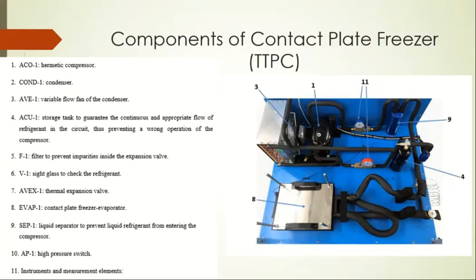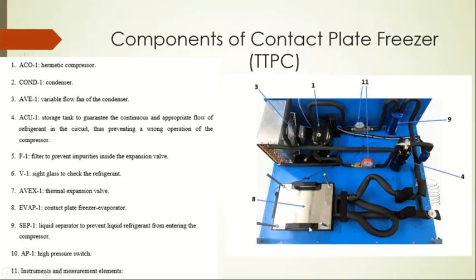So number 1, you can see here, this is a compressor, which you have normally seen in your fridge or freezer. So it's a very low capacity compressor, and it's a Hermetic type compressor actually. Then we have 8, which is again the contact plate.